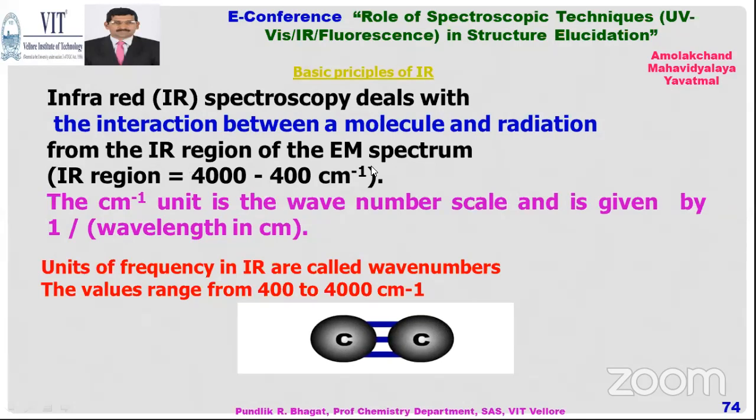IR radiations range from 400 to 4000, and out of this we can classify two regions. One is the fingerprint region, that point will come again, and another is the functional group region.